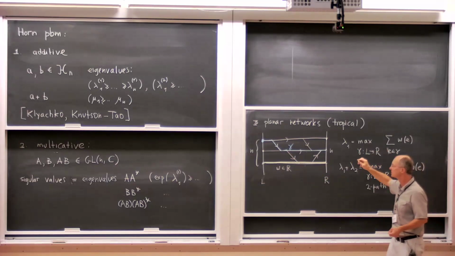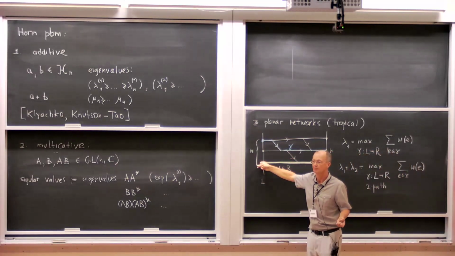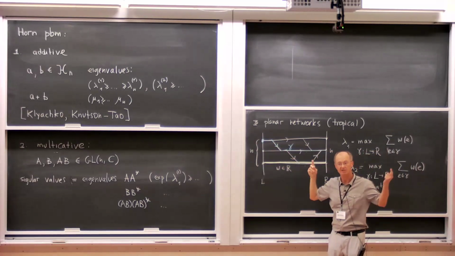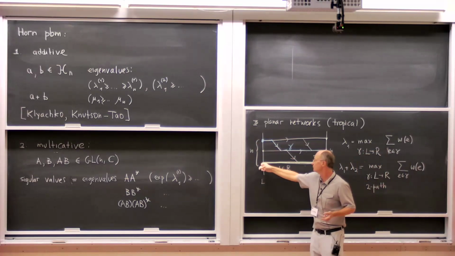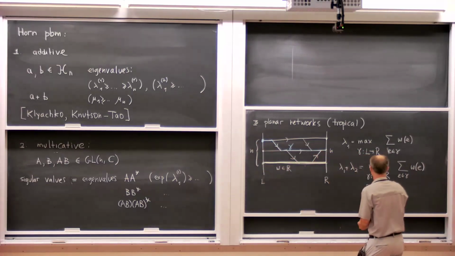And so on. It's clear that the maximum that I would get, these are n paths, because I have only n sources and n sinks, and if I consider n plus 1 paths, they would have to meet somewhere, and this is forbidden. Right.